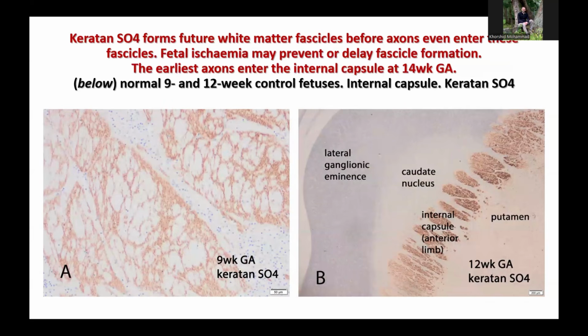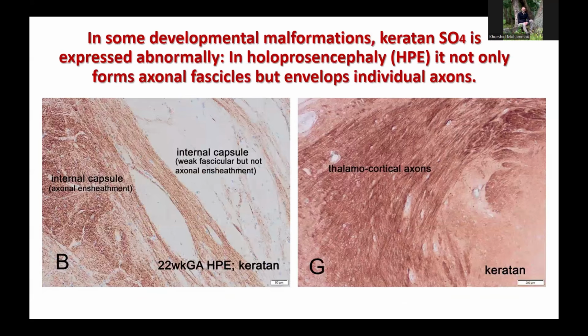And here you see the same thing in the internal capsule in a 9-week-old fetus and in a 12-week-old fetus. Why is this important? It's important because the first axons don't enter the internal capsule until about 14 weeks gestation. And so this template forms before the first axons actually even enter. So it does form a template that's preparing for axons to come, but not after the axons are already there.